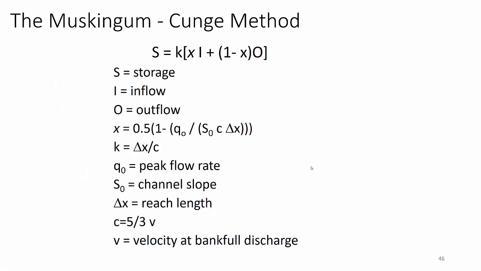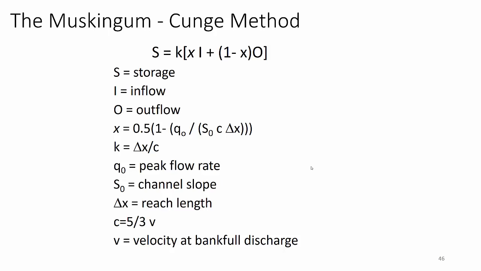If we look at this equation in more detail, storage equals K, which is delta X over C, and in this case, X equals 0.5 times (1 minus peak flow rate divided by channel slope times 5/3 V times reach length, delta X).